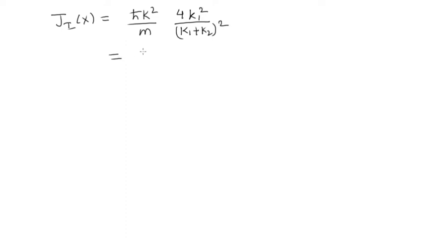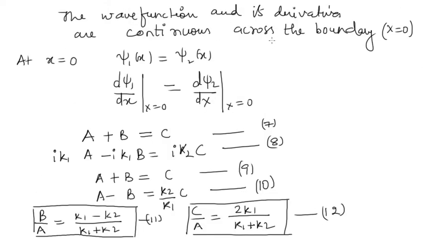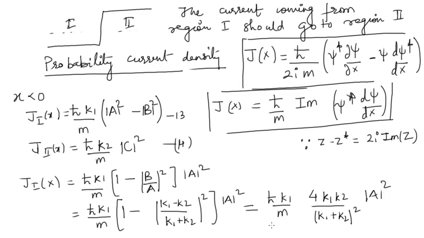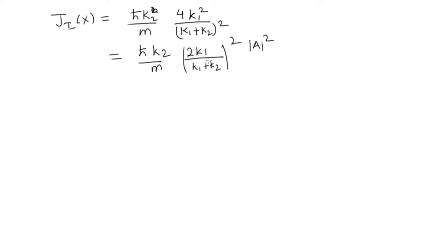This I can write as h cross k2 upon m times 2 k1 upon (k1 plus k2) whole square, mod A square. And now I can see from equation 12 that C by A is 2 k1 upon k1 plus k2. So 2 k1 upon k1 plus k2 is C by A.